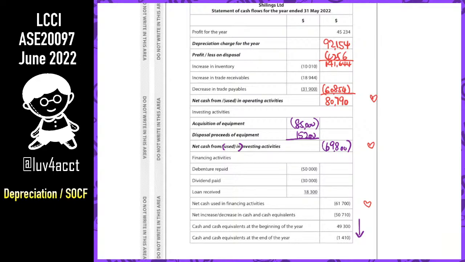We have purchased equipment, 85,000, making the investing activities a negative cash flow of almost 70,000. That is the biggest amount spent.